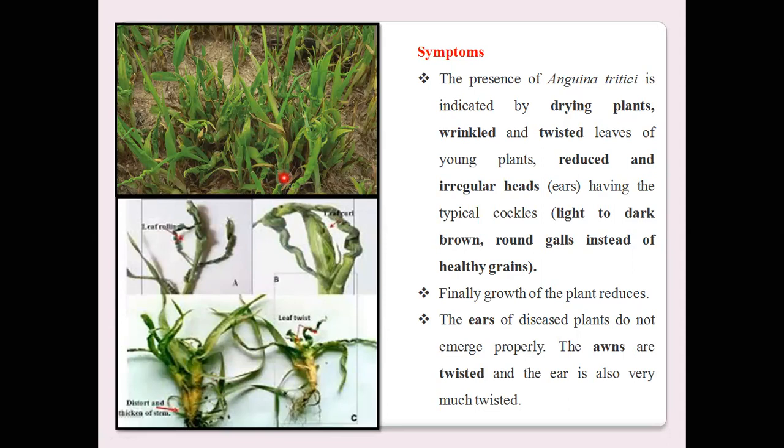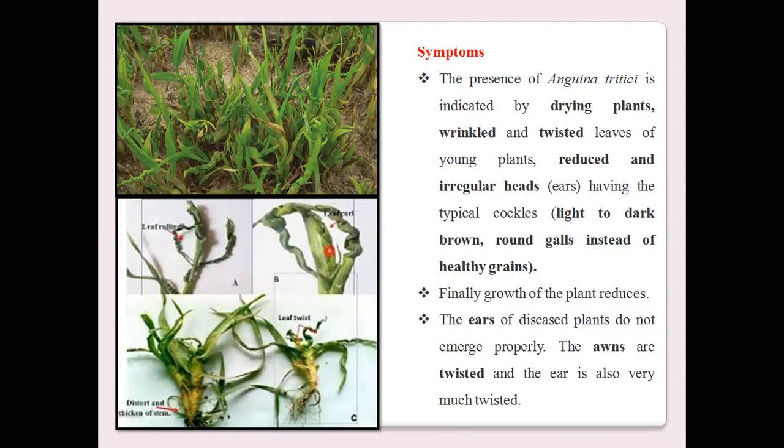This infected mature plant develops the airhead, but this airhead is also infected, small in size, wrinkled and deformed. So such type of infection is seen on the airhead portions, and this airhead looks just like cockles.